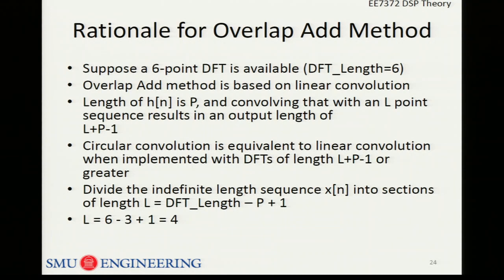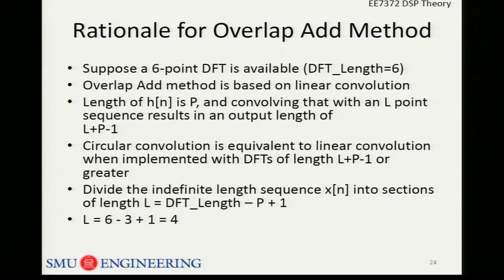And this is one of those things that you happen to have available. It's a 6-point DFT. It could be anything, but I had to make up a value for our problem. So this is not something you necessarily chose, it's something that is available. We're assuming that using this is a good idea and not throwing up your hands and saying, nope, can't do it, I need 8 or 1024 or whatever. So suppose we want to make it work with the 6-point DFT.